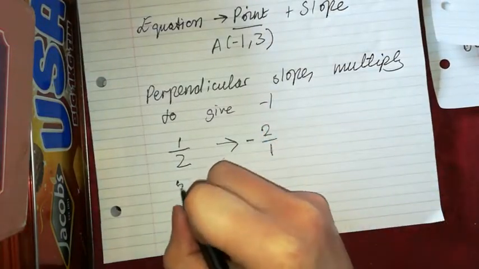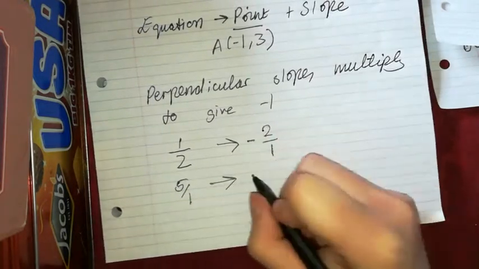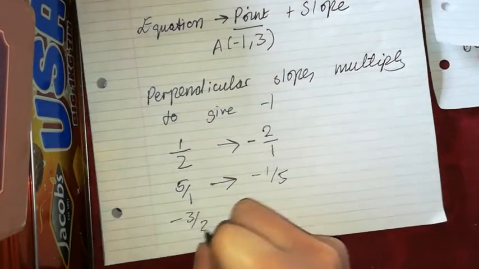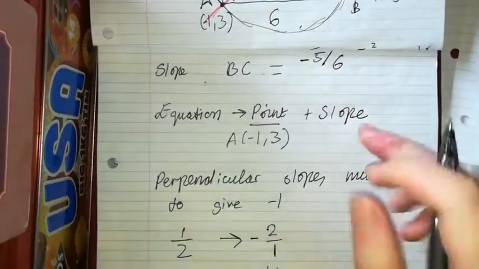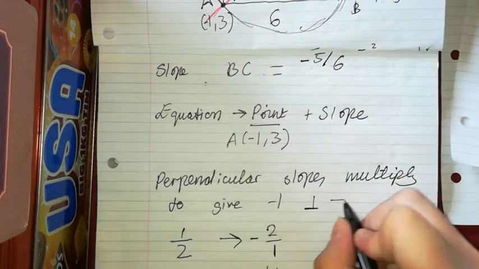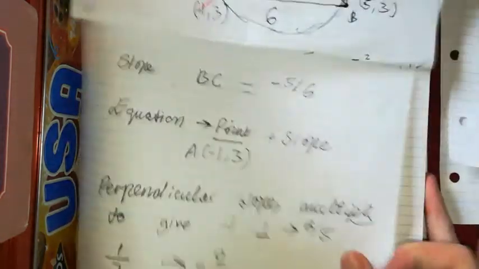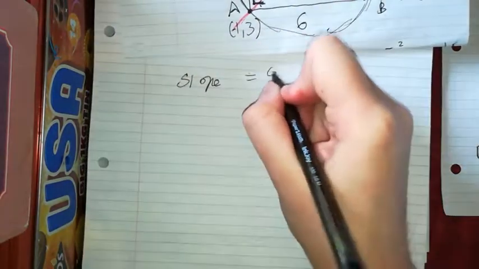If you have a slope of 5, that's 5/1, we turn it upside down and it becomes minus 1/5. If you have a slope of minus 3/2, the perpendicular is 2/3. So if we have a slope of minus 5/6, the perpendicular is going to have a slope of 6/5.